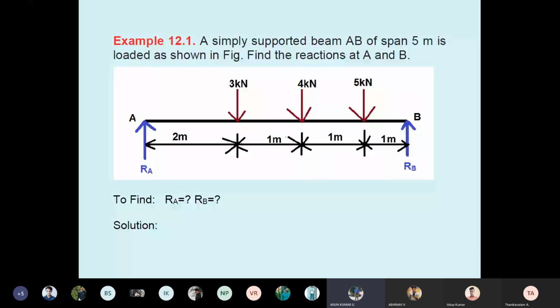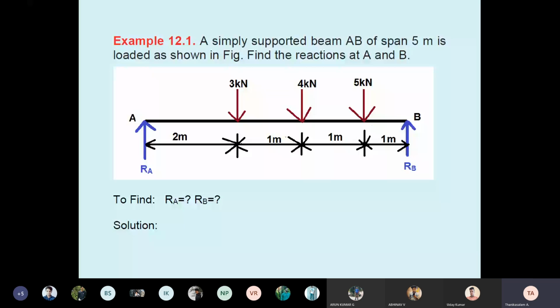A simply supported beam AB of span 5 m is loaded as shown in the figure. Find the reactions at A and at B. Okay, so you have to read the question twice.